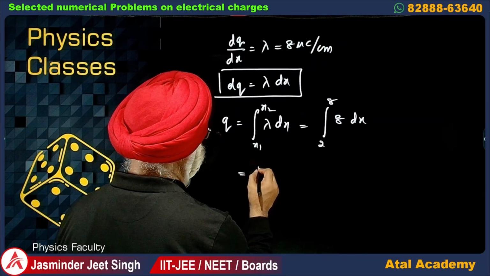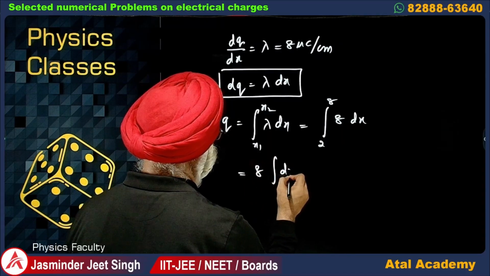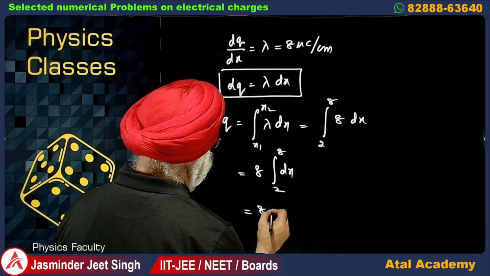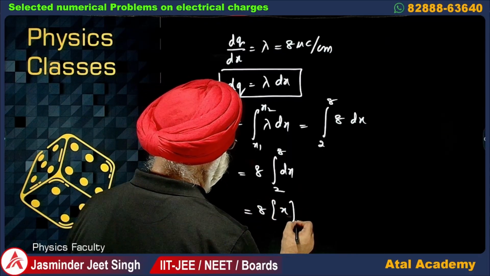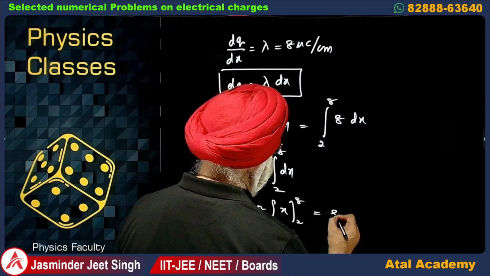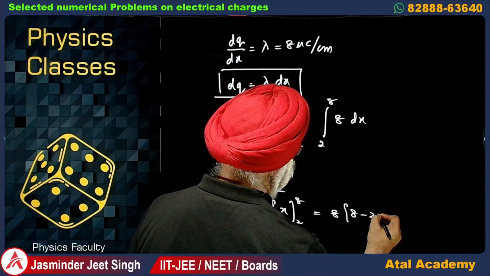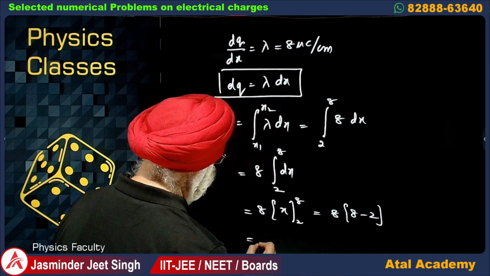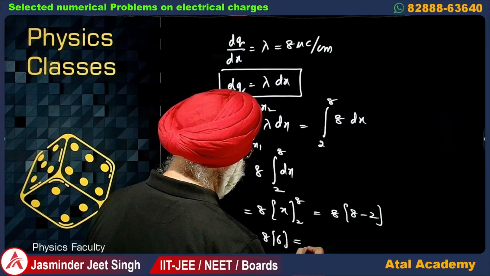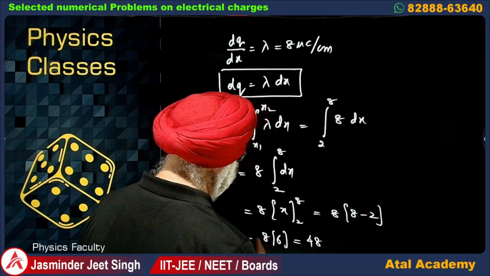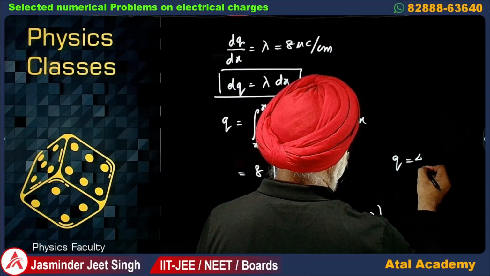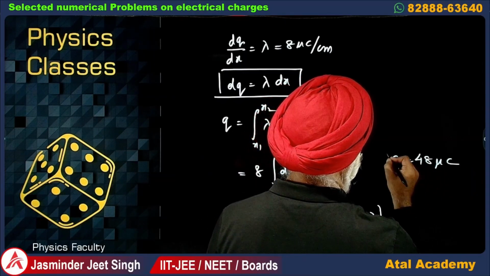Here 8 can be taken outside, integration of dx from 2 to 8. 8 times the integration of dx is x from 2 to 8, and if you solve it, it will be 8 into 8 minus 2, and 8 minus 2 is 6. Now 8 into 6 is 48. The total charge which is included will be 48 microcoulombs.